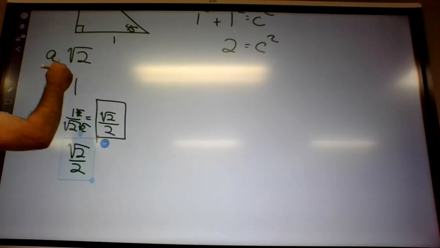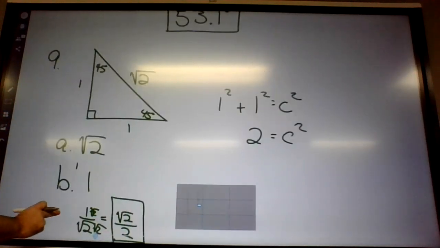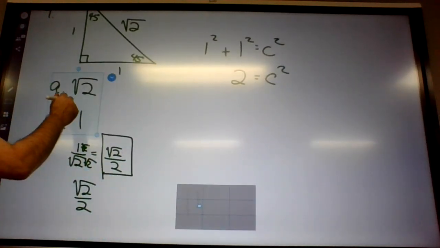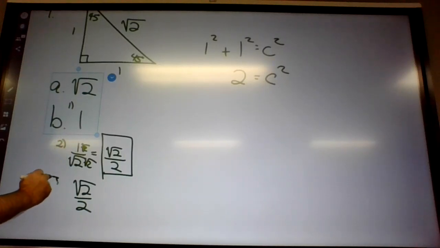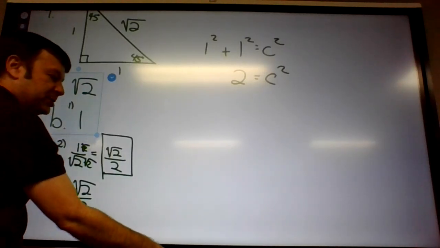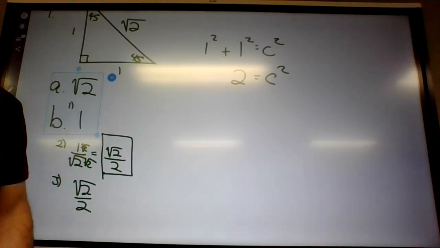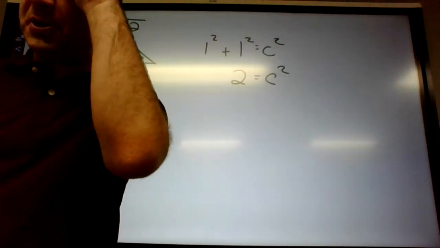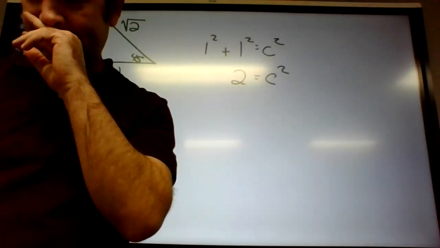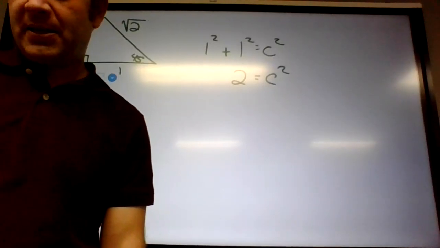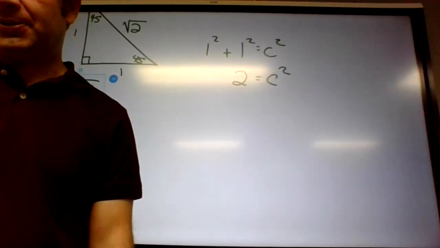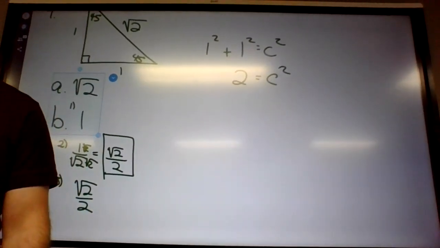This was like B part 1. Number 9B part 1. Number 9B part 2. Number 9B part 3. You can skip C, we'll skip C. I don't even know how you would show that you did C. I guess you could write the decimal down. So on 10C, you can skip that too, it's the same idea.